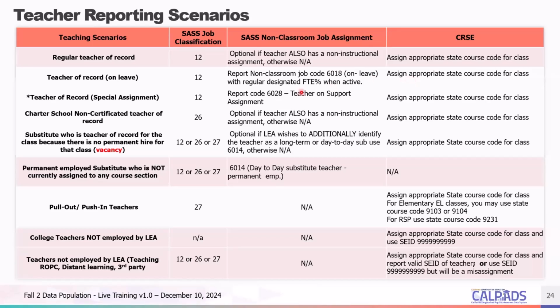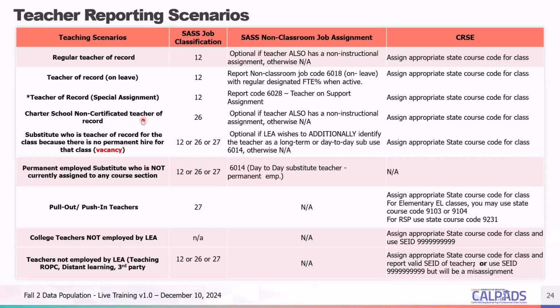If the teacher of record is on special assignments, that's the third row here, you would still use a staff job classification code of 12 and a non-classroom based job assignment code, this time of 6028, teacher on special assignment. You would assign the appropriate state course code for the course, again, to the teacher of record who is on special assignment. And this way, CalPADS will know both that this is the teacher of record and that they are on special assignment.